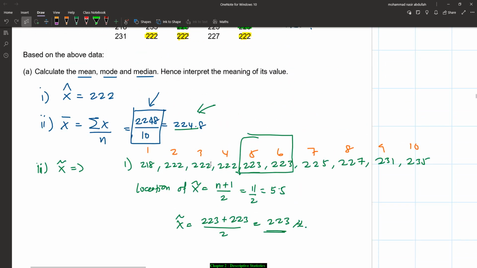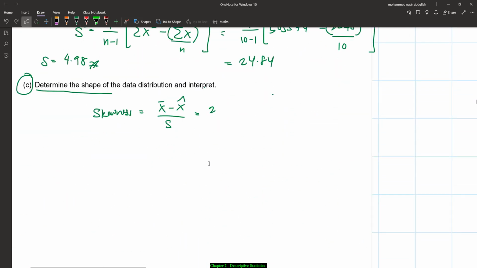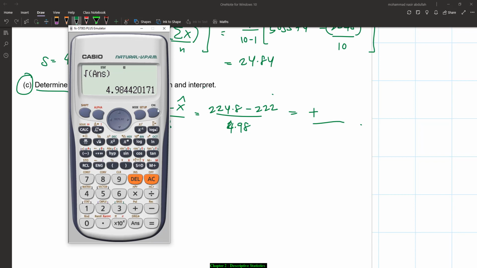The mean is equal to 224.8 minus, the mode is 222, and the standard deviation is 4.98. And of course, this one we will get a positive value. You just press it in the calculator, right? 224.8 minus 222 divided by 4.98.